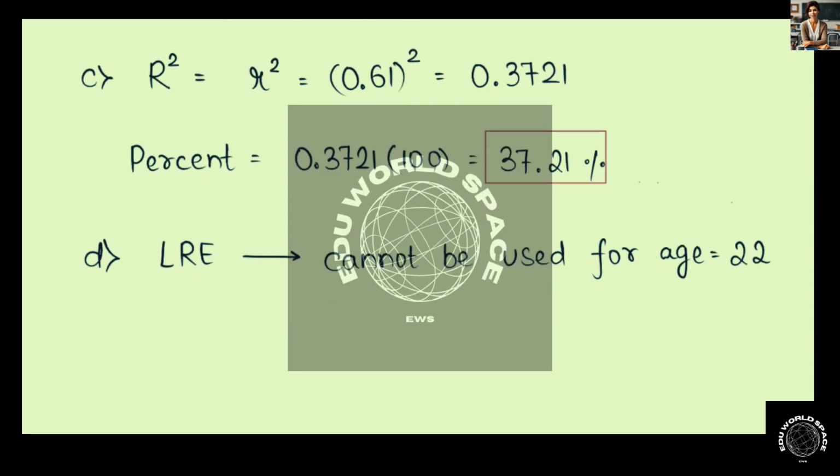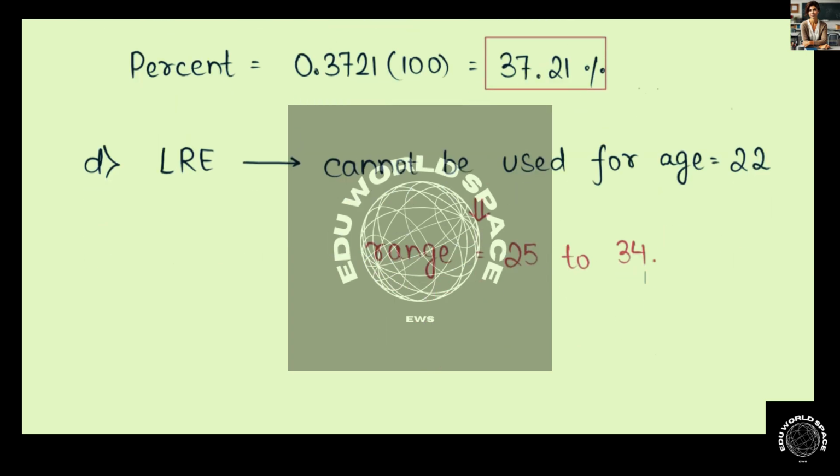Since the regression equation is based on interpolation, the fitted regression equation is best for predicting any value of Y for the range of the explanatory variable between 25 to 34.